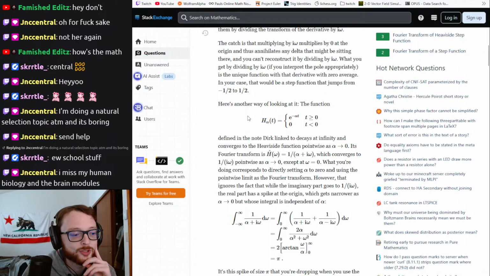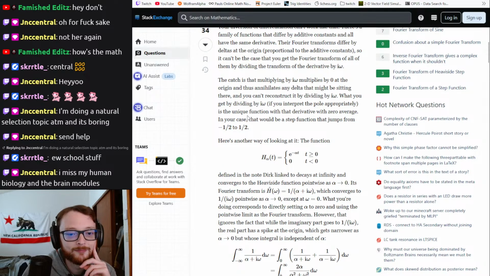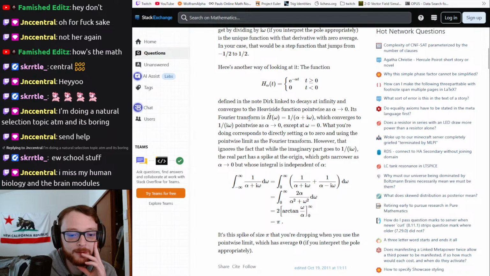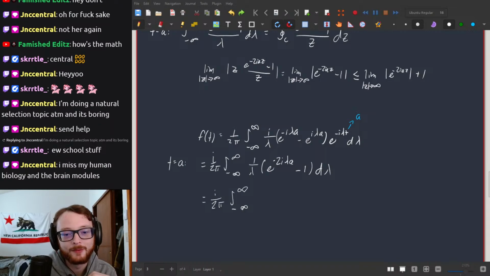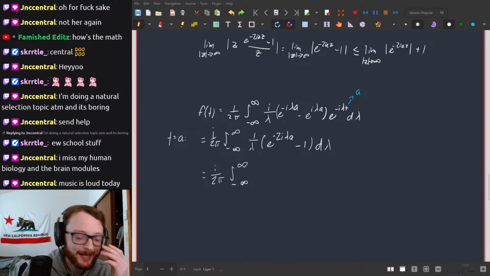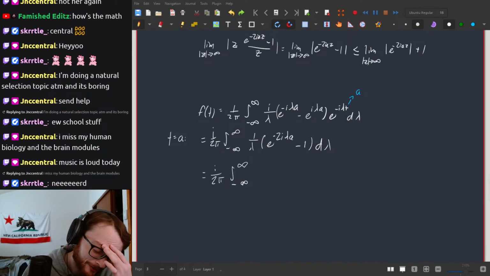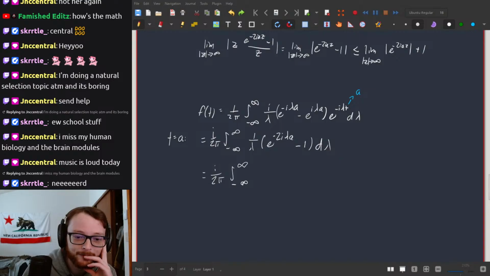It's my human biology in the brain modules. Ooh. It's fair. Do I have to, like, I feel like I need to... Damn it, maybe I need to ask the TA about this, because this is really tricky.